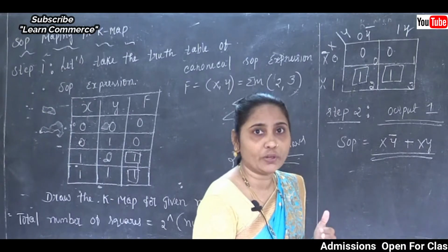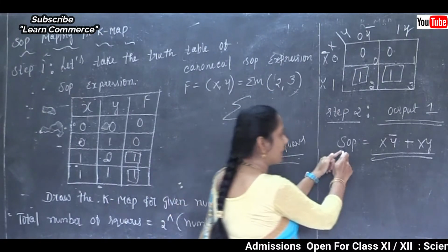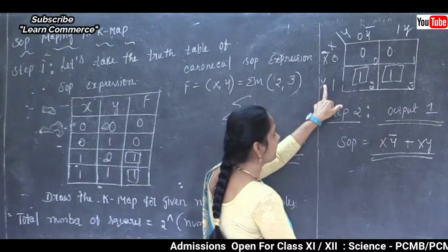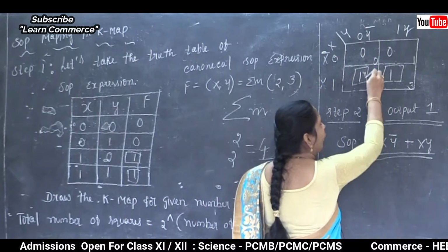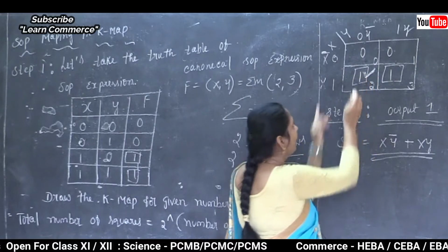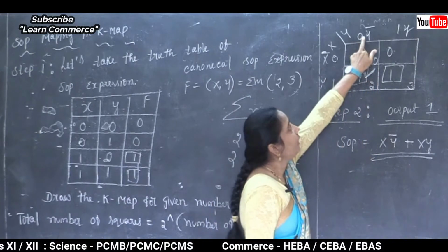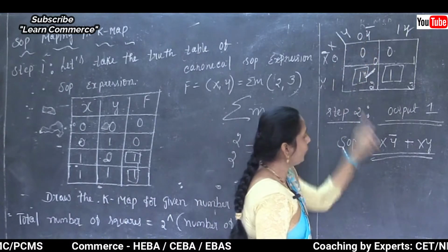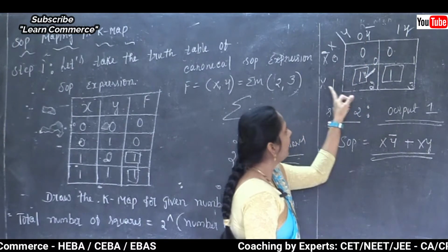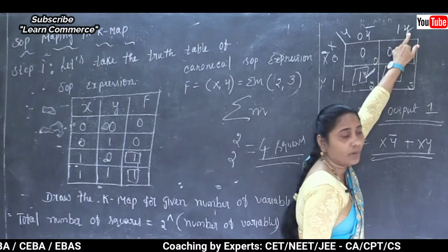So how are we going to form the SOP? SOP is equal to x complement of y. I am taking this square value, left side and top side value, x complement of y plus x y. Clear this one?